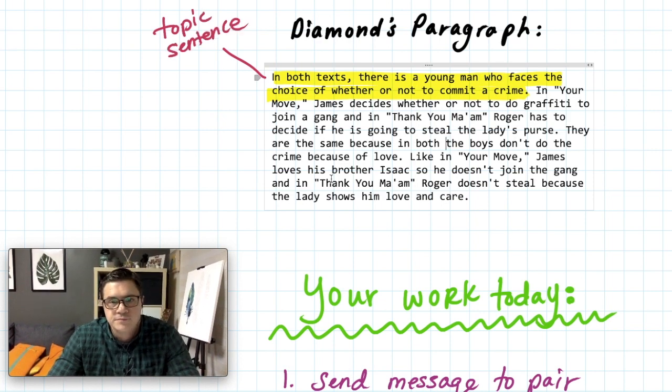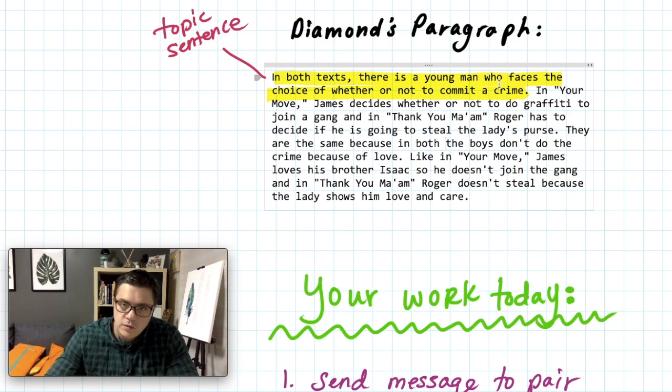All right, so the goal of this paragraph is to show that in both stories, there's a young man who has a choice whether or not to commit a crime. Okay, it's clear. I don't have to do much work to figure out what this paragraph's about. It's all there. Okay, so it's a clear topic sentence. Also, we've got a general idea.